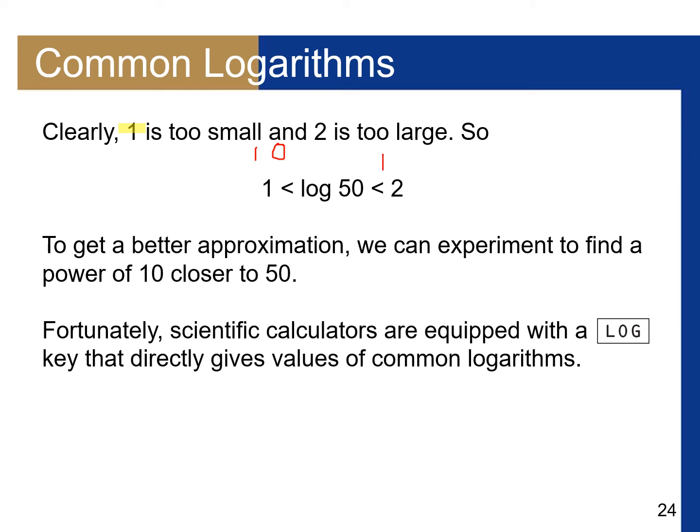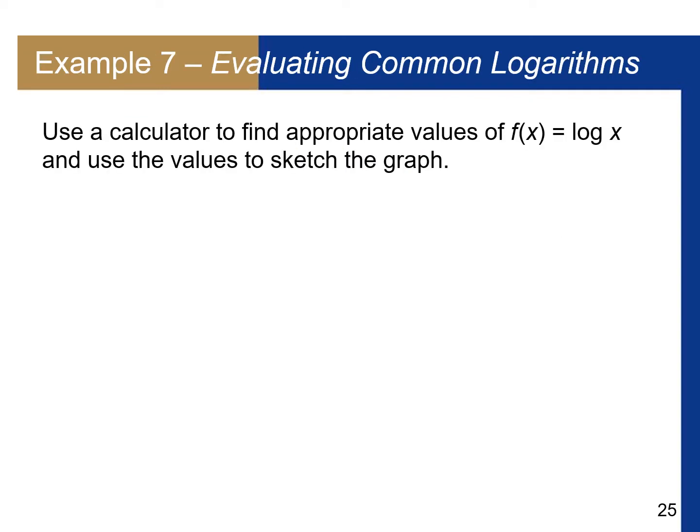So we want to find a number that's between 1 and 2 that'll give us 50. So we can find this by using our log button on our calculator. The calculator will find the approximate value for the log of x, which again, anytime you don't see a base here, it's 10.